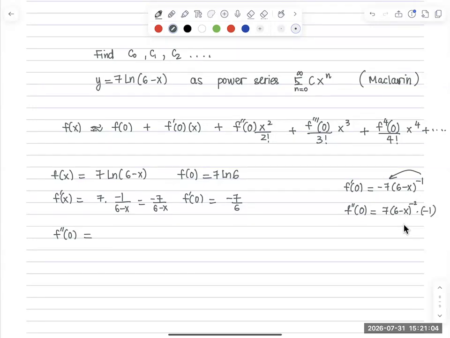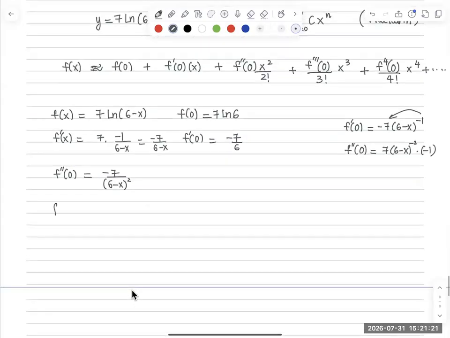So we have negative 7 over 6 minus x to the power 2. Since the function is a rational function, the power in the denominator will increase: from 1 becomes 2, the next one will be 3, 4. So for f triple prime, we're going to have negative 7 times negative 2, and then the chain rule is negative 1.